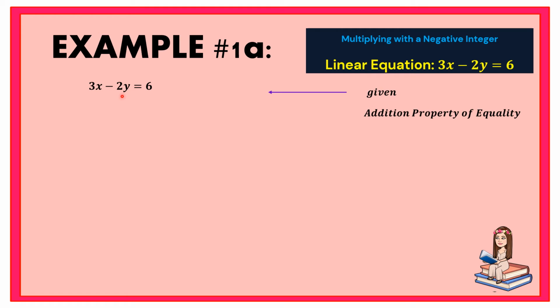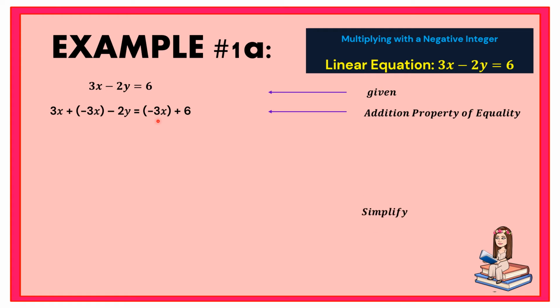So kailangan natin ay y, kailangan maalis ang 3x. So we have to add the opposite or negative 3x on both sides. Kaya magiging 3x plus negative 3x yung dinagdag, copy minus 2y is equal yung dinagdag plus 6. Again, ano man ang dinagdag sa kaliwa, siya rin ang idadagdag sa kanan.